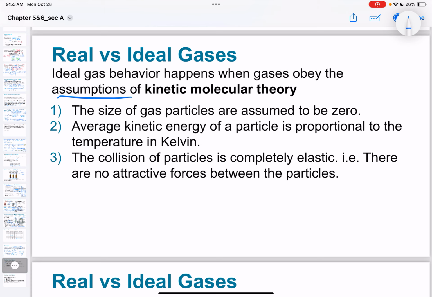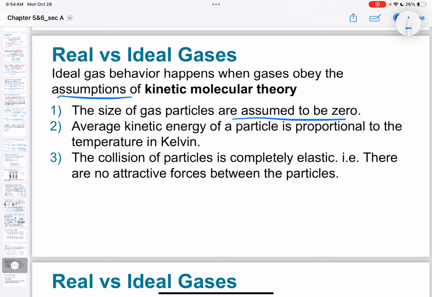So this is what the assumptions are that we're making. Some of the assumptions are pretty good. Some of them are maybe not quite as good, and they have an effect on the accuracy of using PV equals nRT. So the assumptions that are made: the size of the gas particles is assumed to be 0.